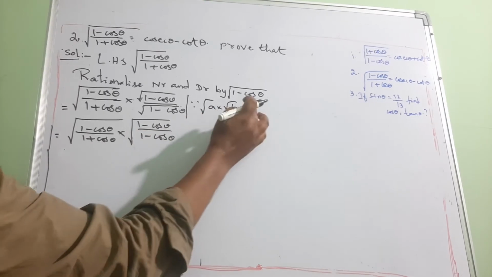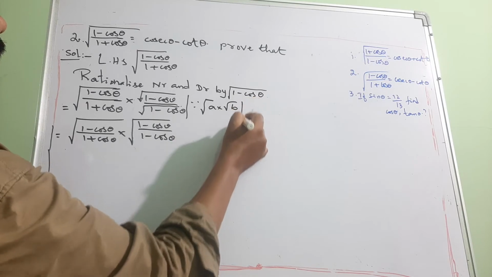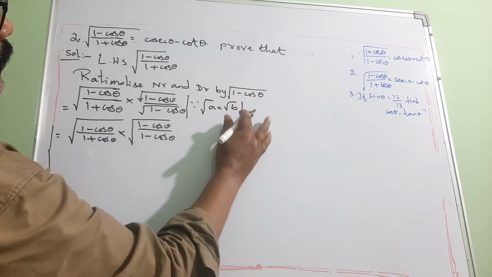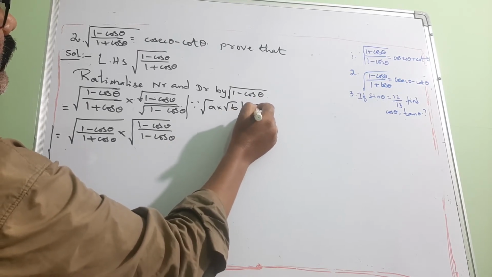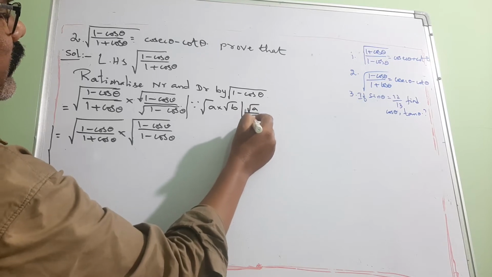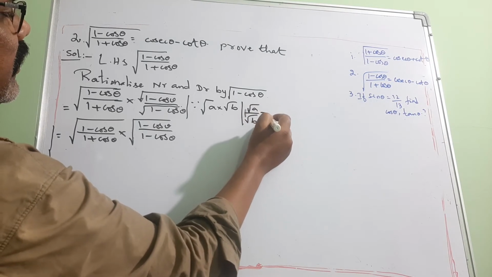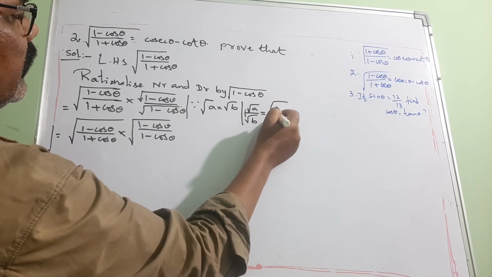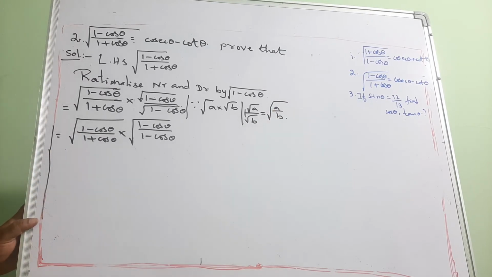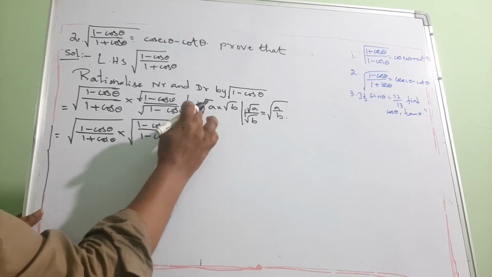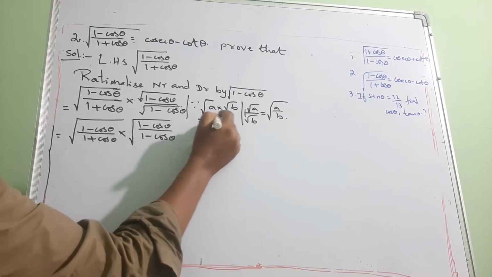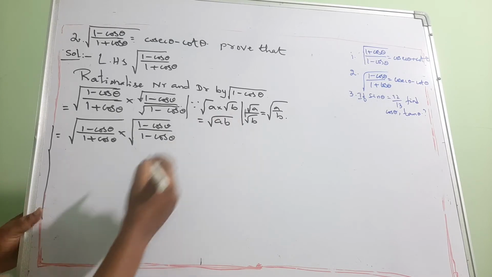We applied the formula root A by root B is root of A by B. Next, root A into root B is root of AB.